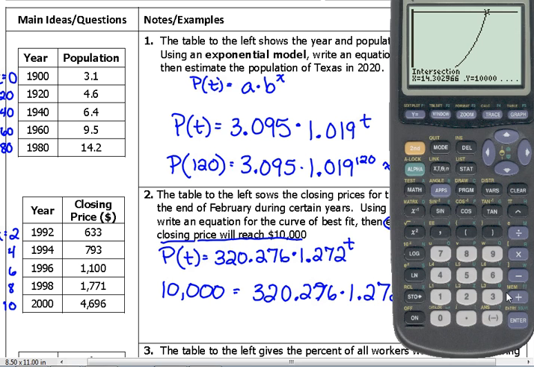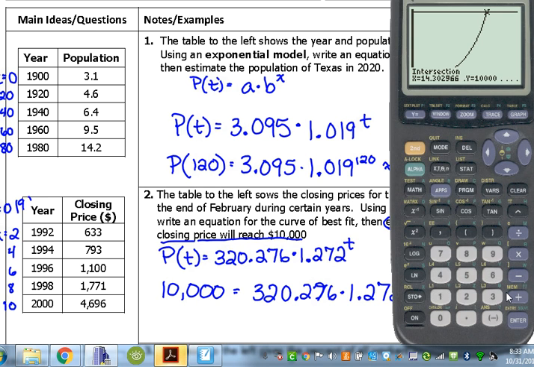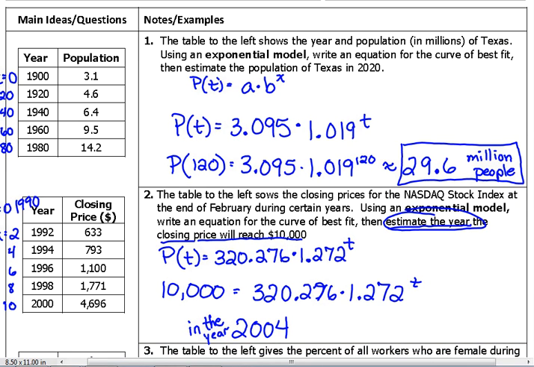So that means if t is 14.3, t equals 0 is 1990. So if we add 14 to that, what year are we talking? 1990 plus 14? 2004. Okay, in the year 2004 is when the closing cost was predicted to be $10,000.